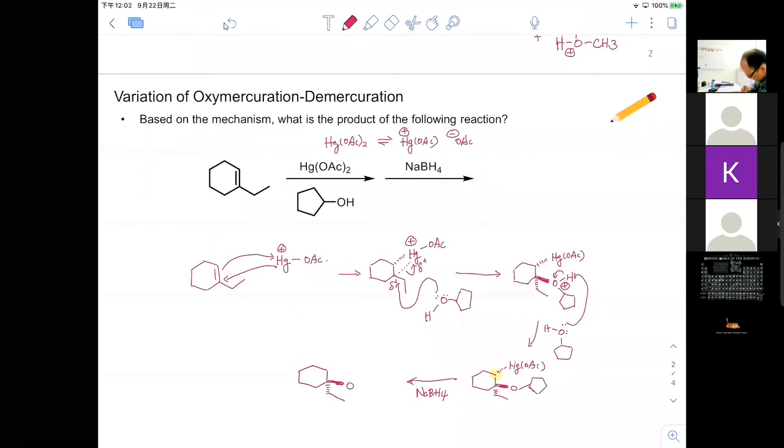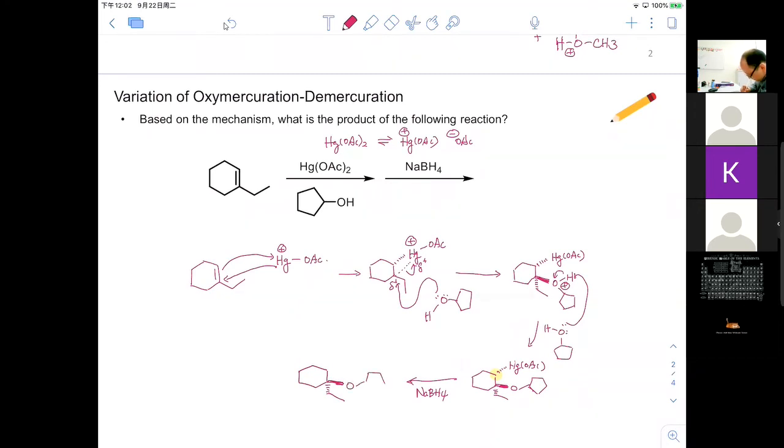So although the first two steps are perfect anti-additions, in this step, it can be up or down. So sometimes we just draw this type of waved bond to show that the H can be above the plane or below the plane.